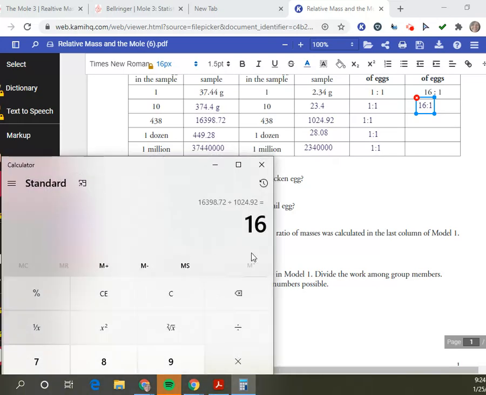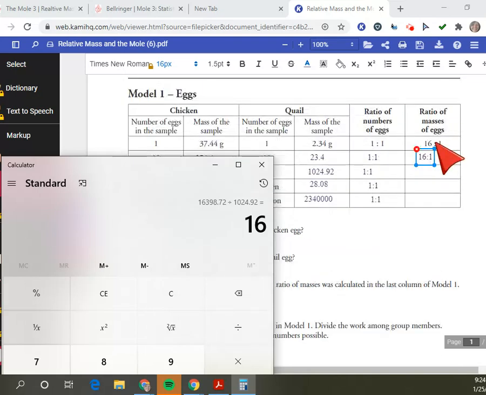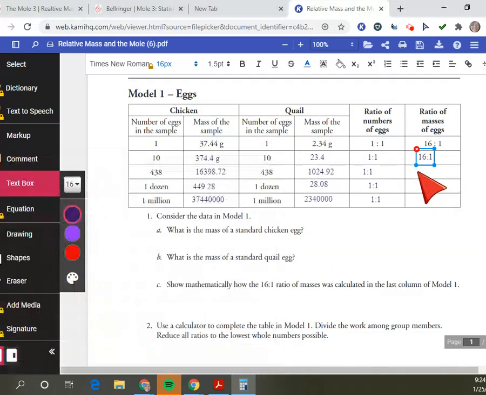It's 16 again. So even though these numbers are very different, the ratio of masses between the chicken eggs and the quail eggs is still 16 to 1.